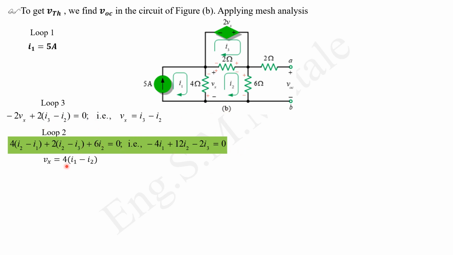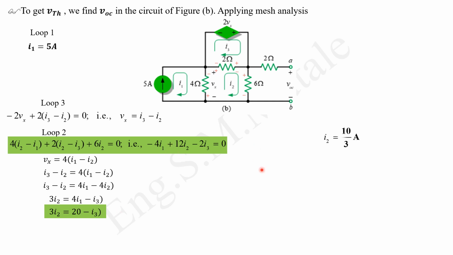So relating this, because we know what Vx is from that one, where there is Vx, if you put that one, we are having that. And if we simplify that equation, we are going to have this, giving us that. And from there, we have 2 equations. You've got this one and you've got that one. If you solve them simultaneously, we are going to have I2 as that.